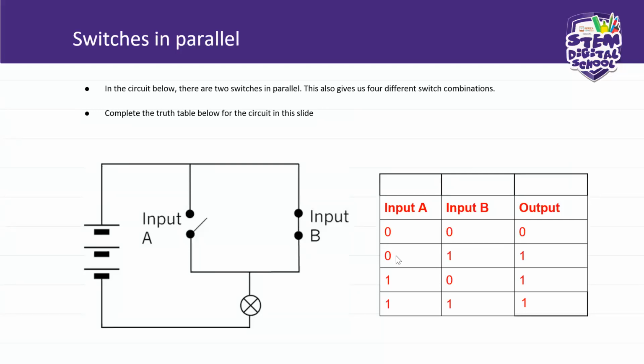If input A is open and input B is closed like it is now, will there be an output? Yes. If input A is closed, input B is open, will there be an output? Yes. If both the inputs are closed, there will be an output.